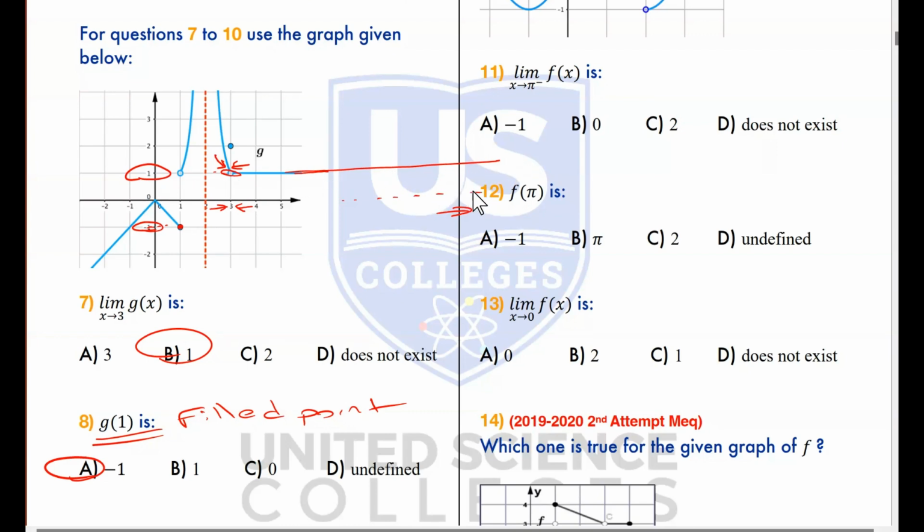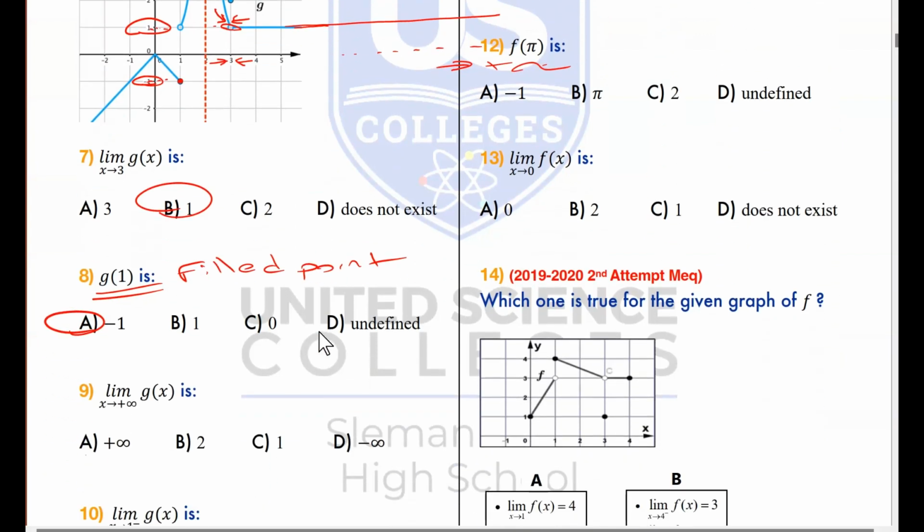At 10, 100, 1000, as x heads towards positive infinity, y value doesn't change. It's always that value 1 because it's constant. Okay, don't confuse when you see the infinity. It doesn't change because it's a constant function.